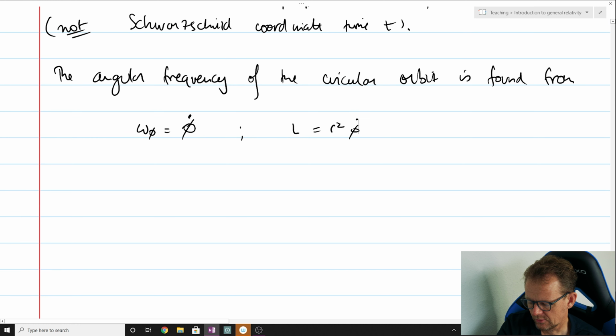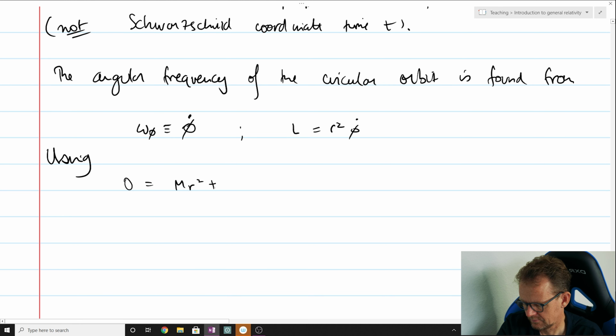Okay, so we're trying to solve for the angular motion of our test body. Well, by defining omega phi just to be phi dot, then we already can work out the period and therefore the frequency, which is determined by the angular momentum.